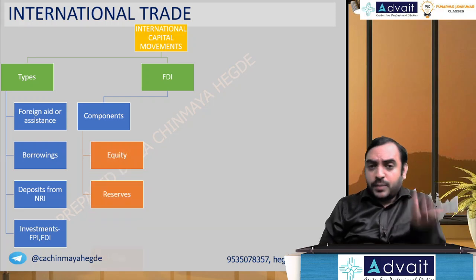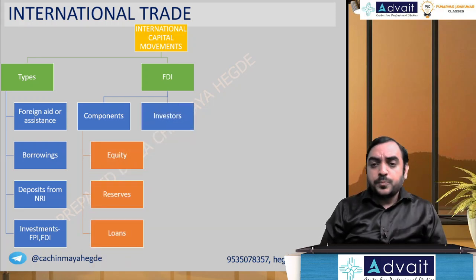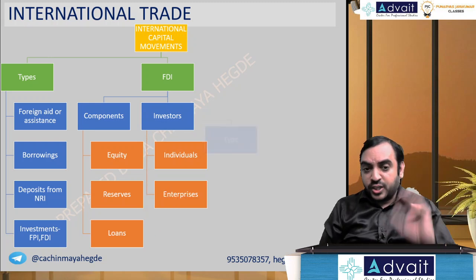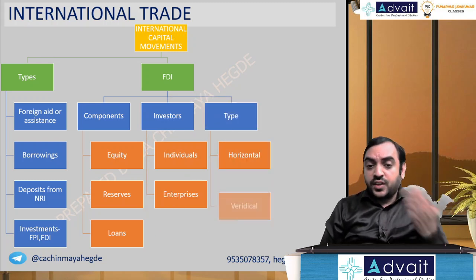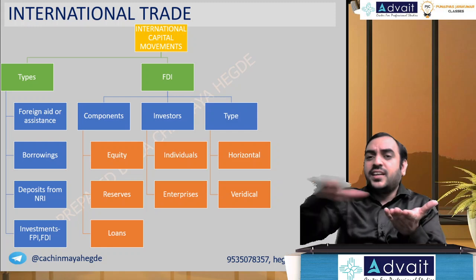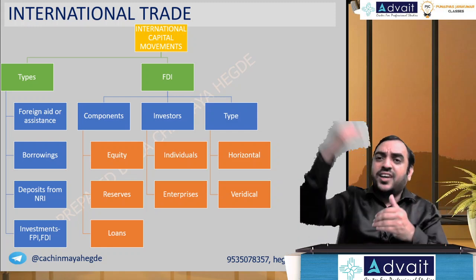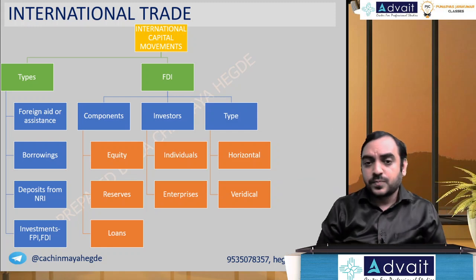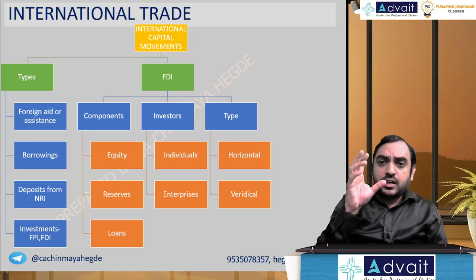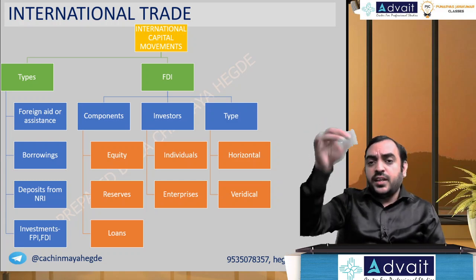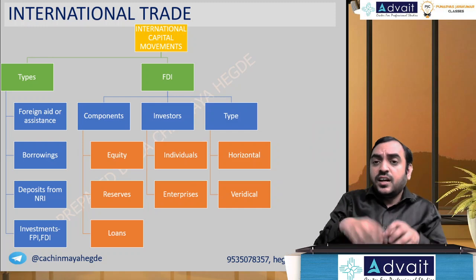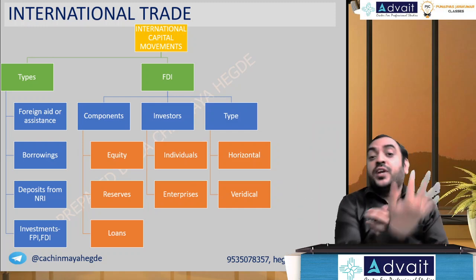So it may be equity or reserves or debt, any amount. Investors are individuals or maybe corporates. The type may be horizontal or vertical. Horizontal means in a similar industry. Vertical means as a supplier or as a customer. Like a car manufacturing company can start a subsidiary in India for supplying them car components.